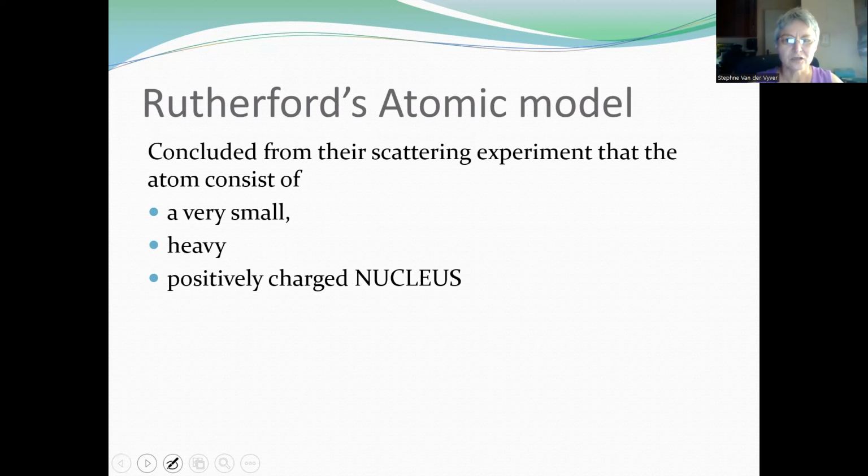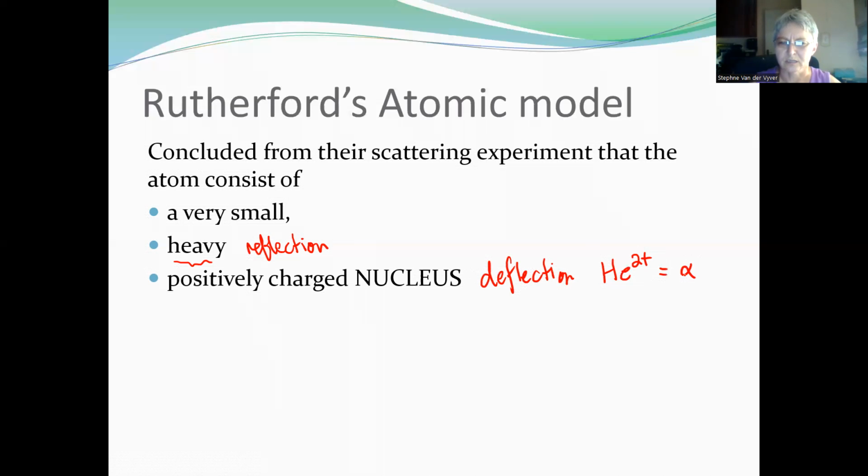We discussed this in class: the heaviness comes from the reflection, and the positiveness comes from the deflection, because alpha particles are helium 2+ ions. The symbol for an alpha particle is that.